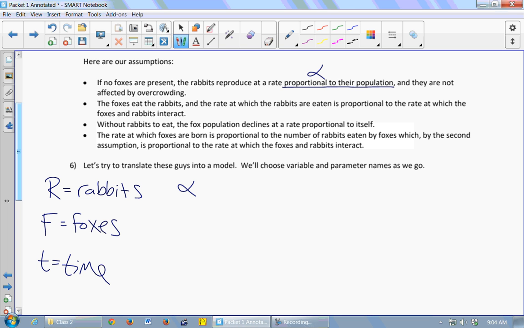The foxes eat the rabbits, and the rate at which the rabbits are eaten is proportional to the rate at which the foxes and rabbits interact. So we need another constant of proportionality for this one. We'll call that one beta. Without rabbits to eat, the fox population declines at a rate proportional to itself. We need a constant of proportionality there. We use gamma.